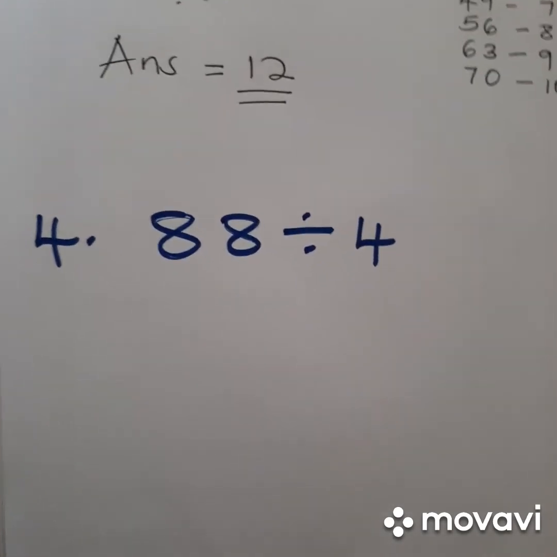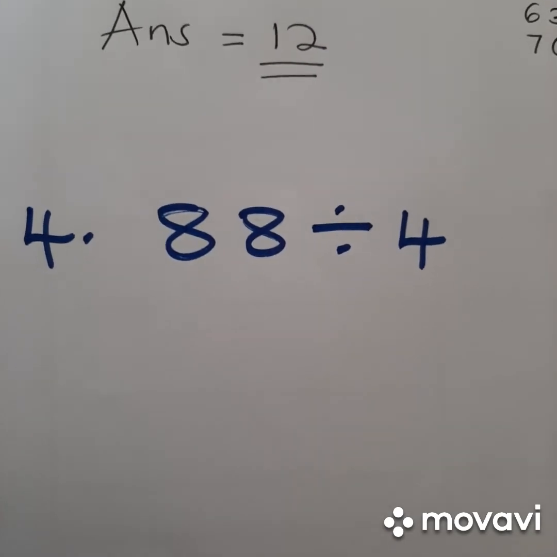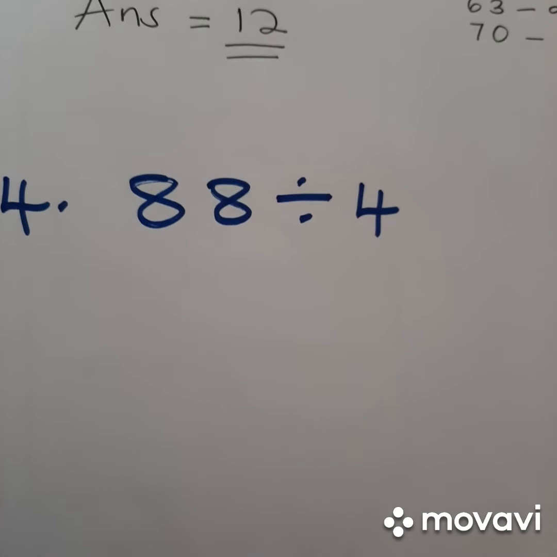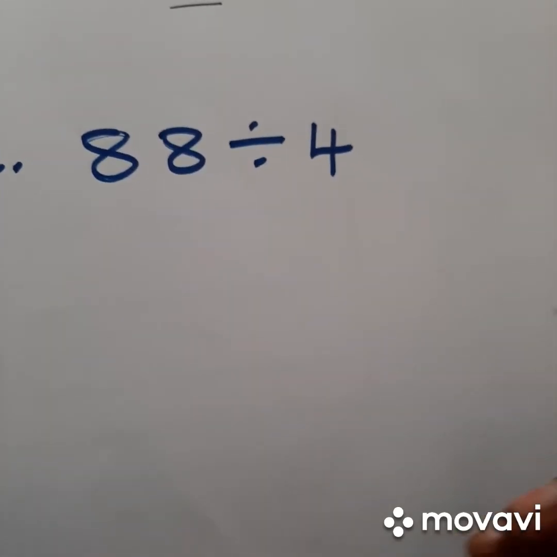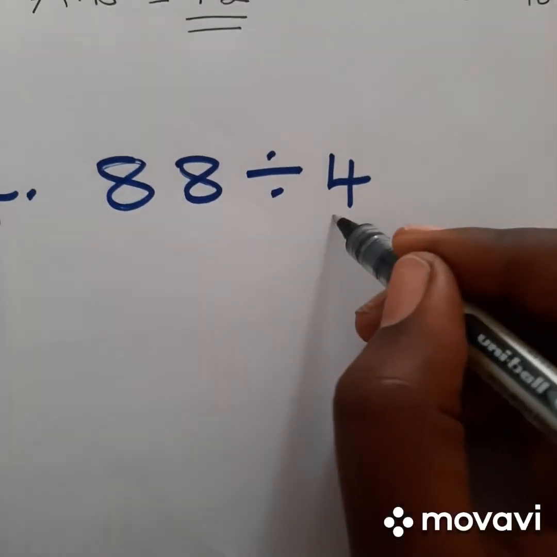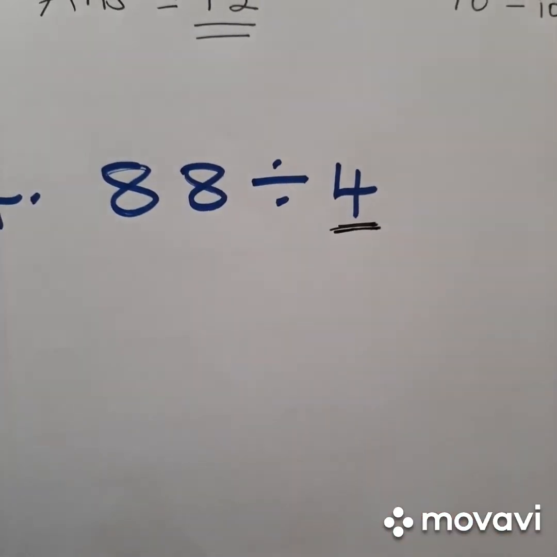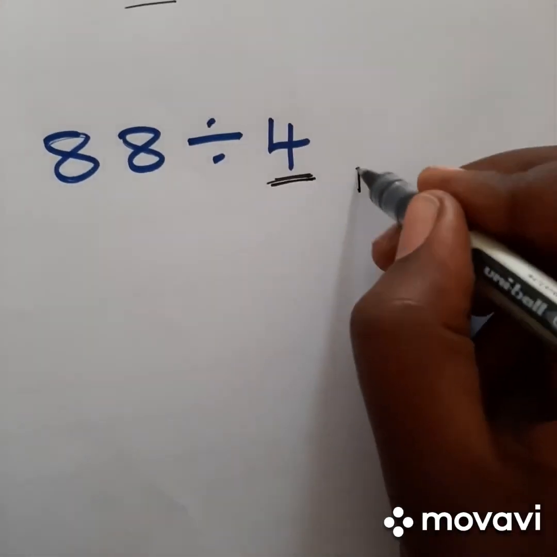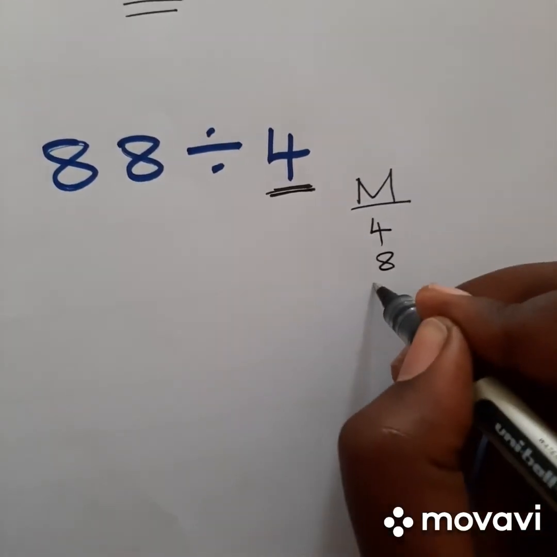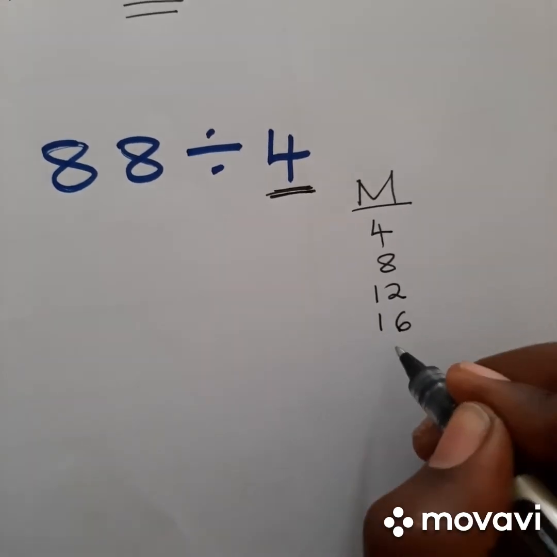Let me do the last example. I hope all of you have understood up to that point, but let me do another example to affirm that. Here we have 88 divided by 4. This means we need to know the multiplication table of 4. So we come and write it here. So the first one is 4, 8, 12, 16.